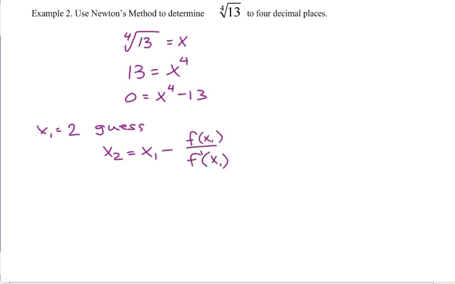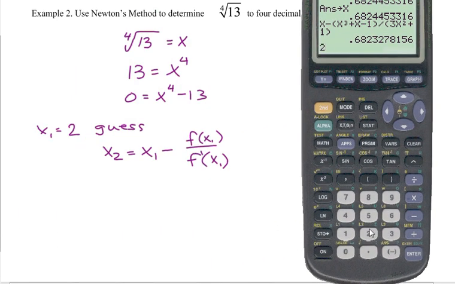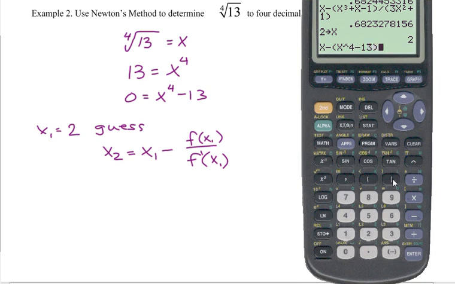It helps knowing that formula. So I'm going to store x as 2. Our formula is x minus x to the 4 minus 13 all over, what's the derivative going to be? 4x cubed.